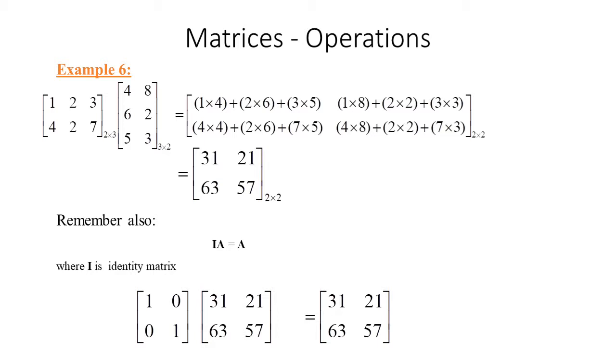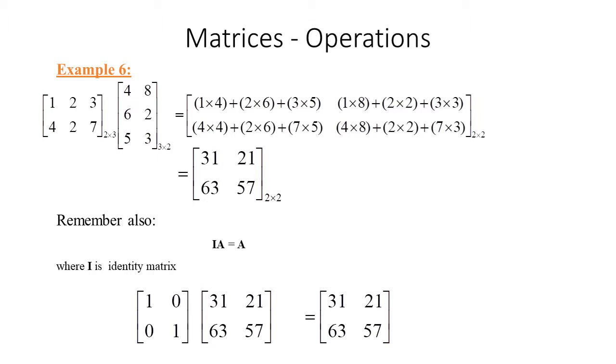For that we have to check the number of columns in the first matrix, which is 3, and the number of rows in the second matrix, which is also 3. So it is equal, therefore we can multiply. So what will be the answer? The number of rows of the first matrix and the number of columns of the second matrix, so that is 2 cross 2.